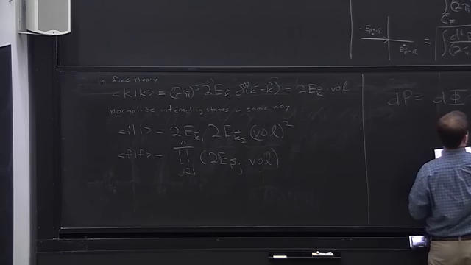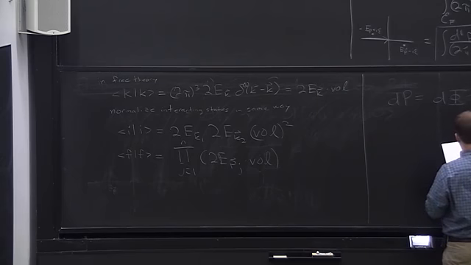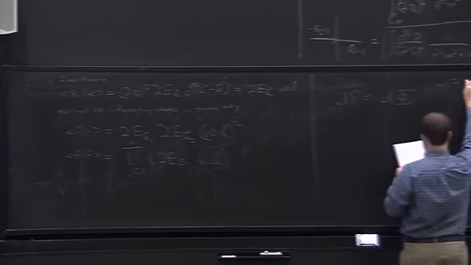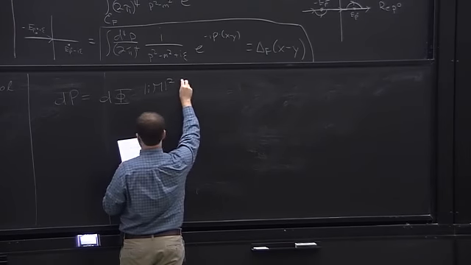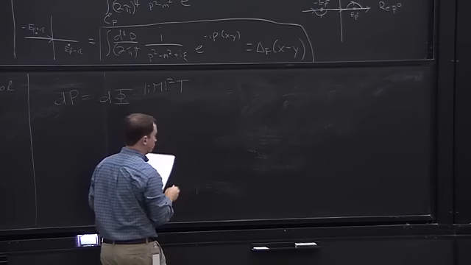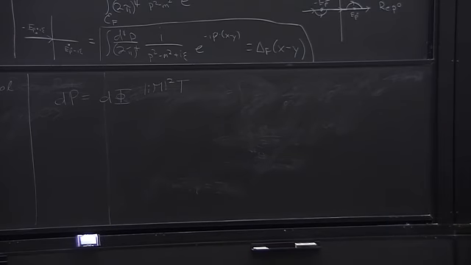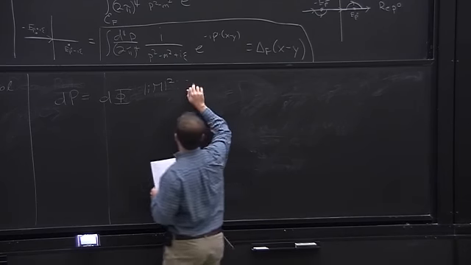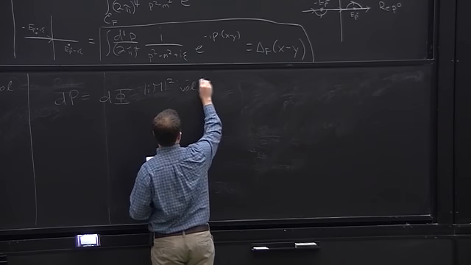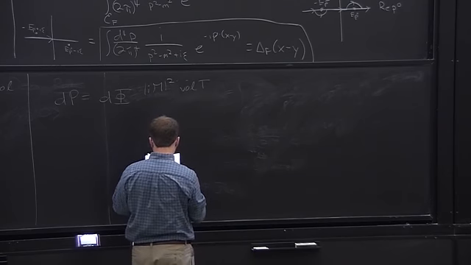We've got an |M|squared. We've got a volume times T from the numerator.